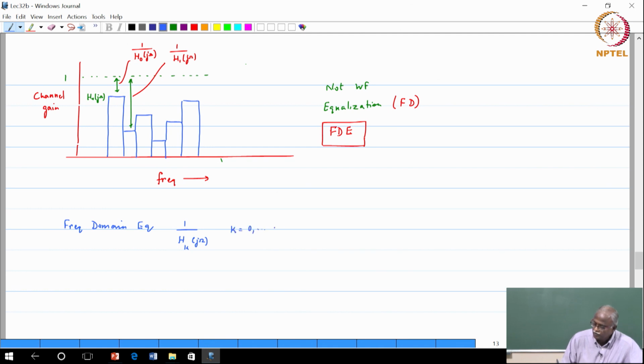There are n subchannels, and I am going to equalize them in this fashion. This is also referred to as a single tap FDE, because each channel gets only one tap. You do not have to have a filter, single tap FDE.